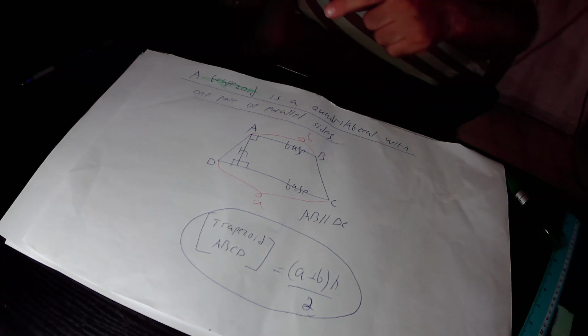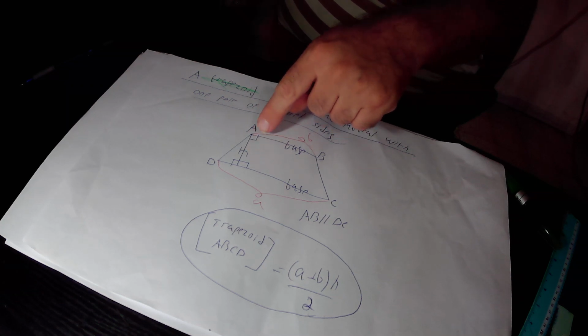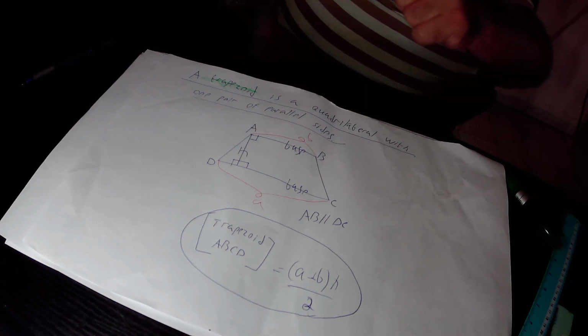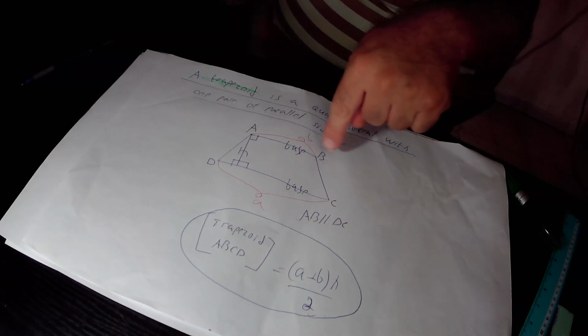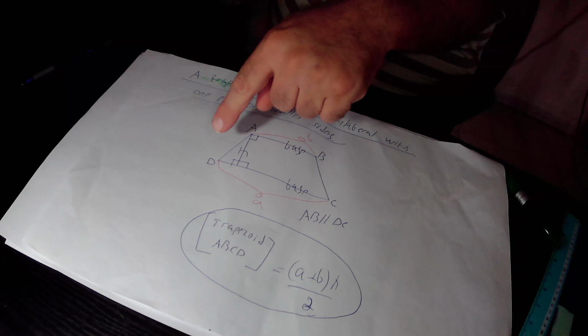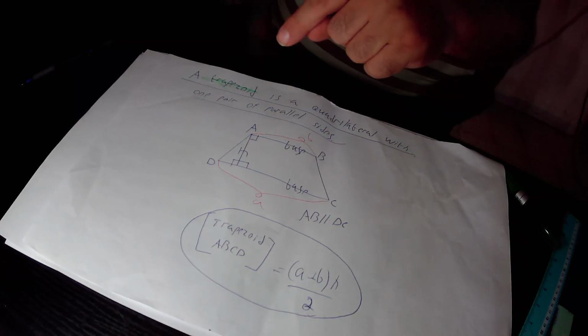Again, the area of a trapezoid is the sum of its two parallel bases times the height over 2. The height h must create 90 degrees with the two parallel bases. You can see that indeed the height h creates 90 degrees with the base AB, and it also creates 90 degrees with the base DC.